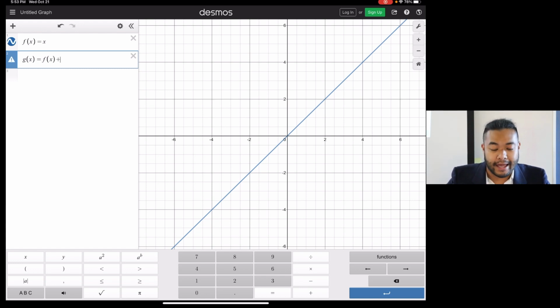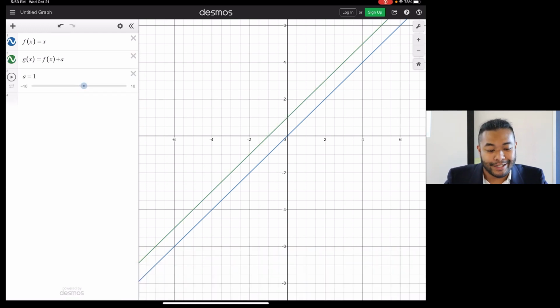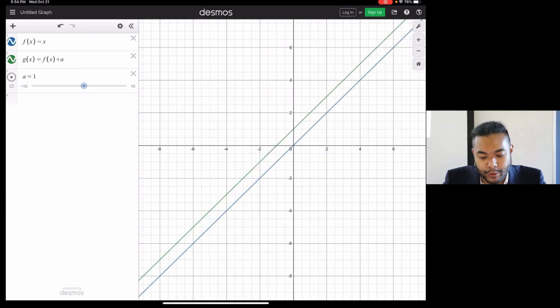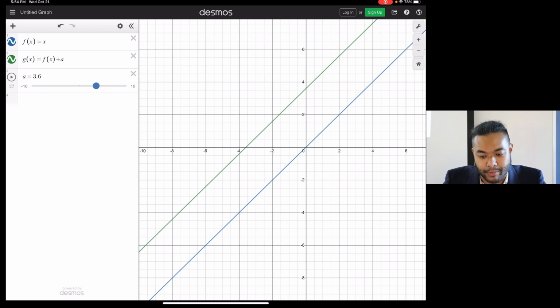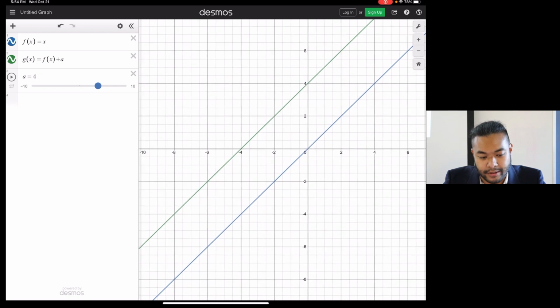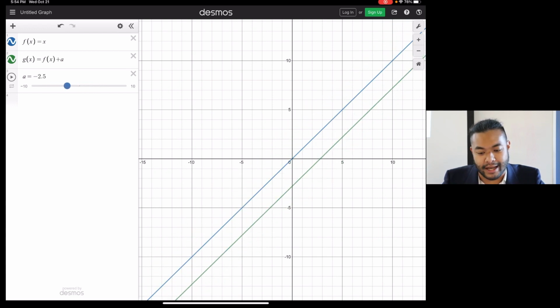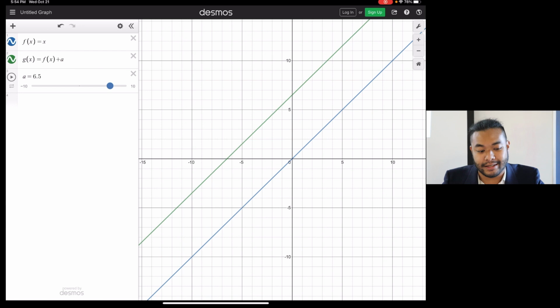Let's say a for general, because I could add in a slider now, which is fun. So if a is 1, that's f of x plus 1, so it goes up 1 unit that we can see here. But what if we move it up that much? To 4, then I've moved it up 4 units.